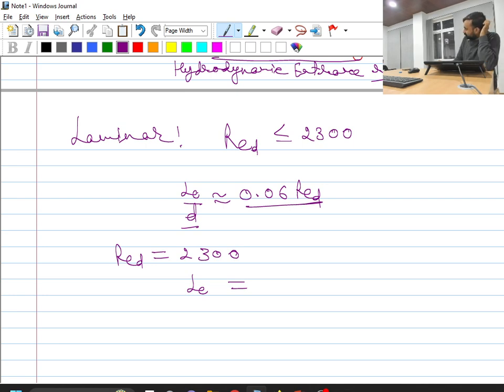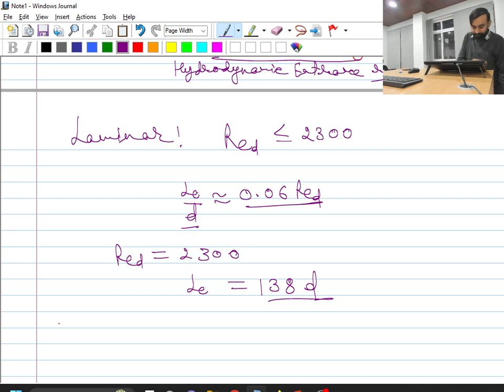What is the value? 138. So 138 times D. So it means that the maximum value up to which the entry length can go is 138 times the diameter of the pipe, if our Reynolds number is equal to the critical Reynolds number. Okay.